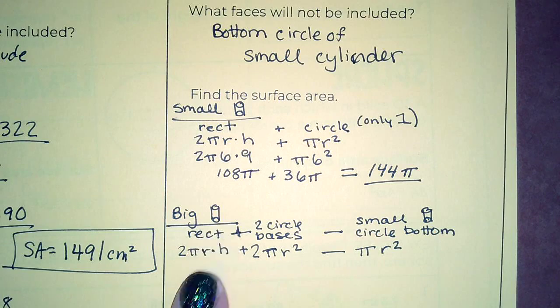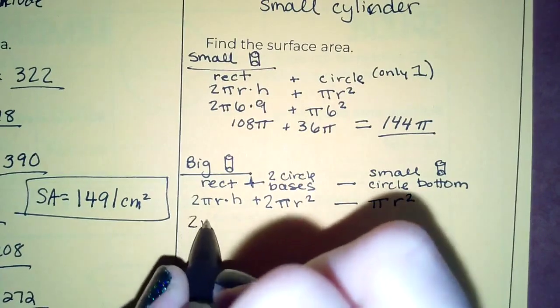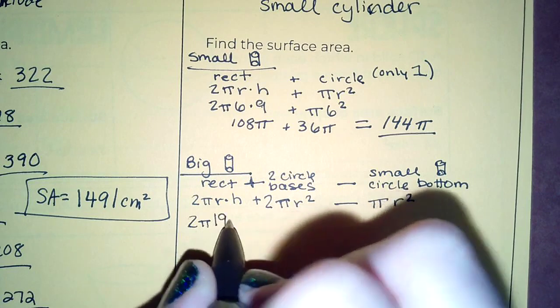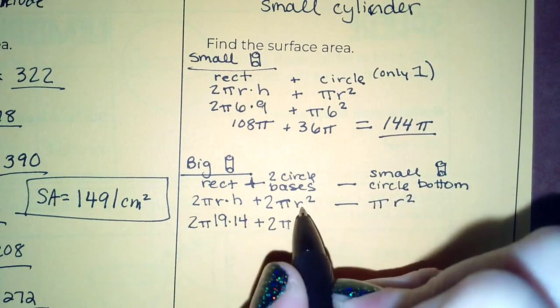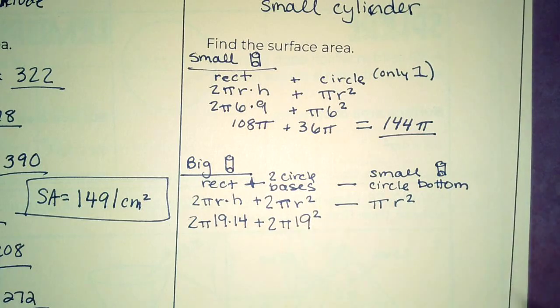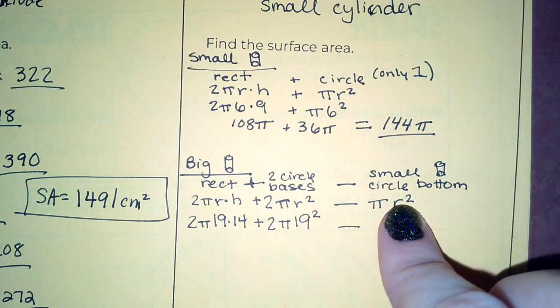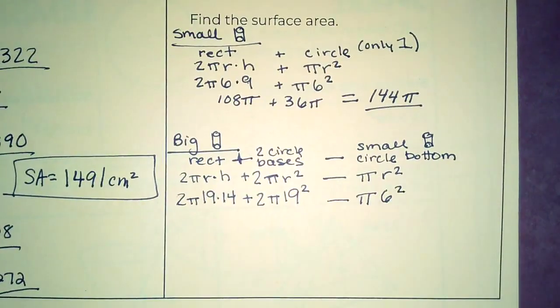The radius of our big cylinder is 19 and the height is 14. So 2 pi 19 times 14, plus 2 pi 19 squared, taking away our small cylinder. What's the radius of our small cylinder? 6. So pi 6 squared.